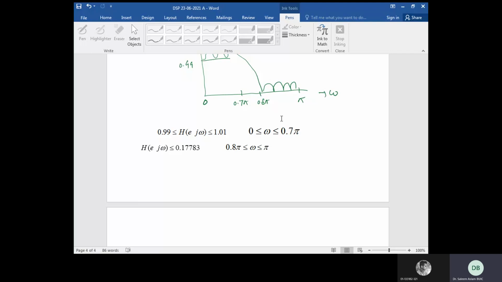If we increase the difference, for example 0.5 pi and 0.8 pi, it means we are increasing the transition, and increasing the transition means we are reducing the order of the filter. In this case the order of the filter is high. But if I change 0.7 pi to 0.4 pi, then the order of the filter would be significantly reduced. So these specs will change the design of your filter.